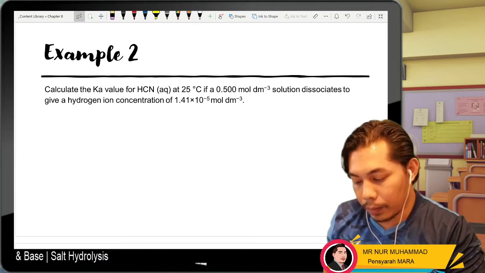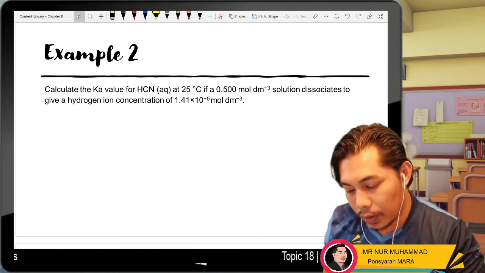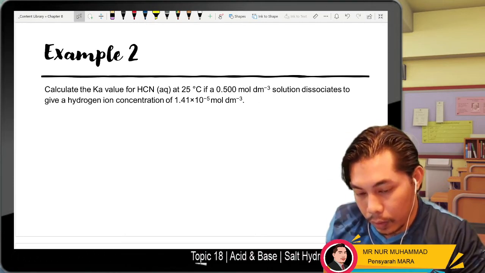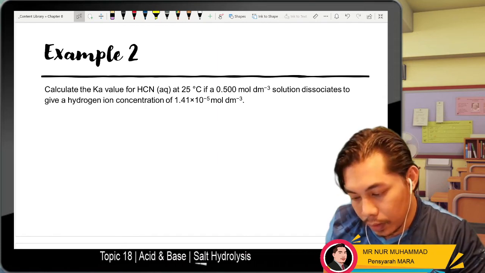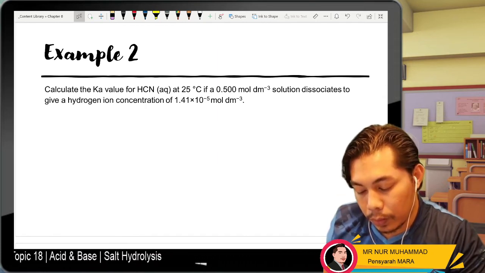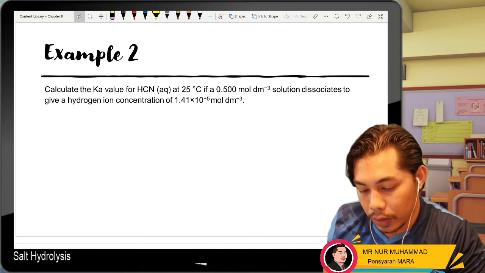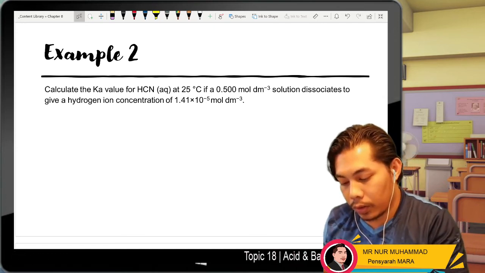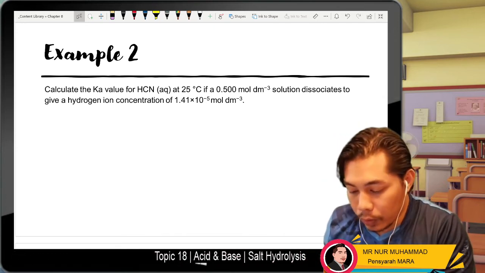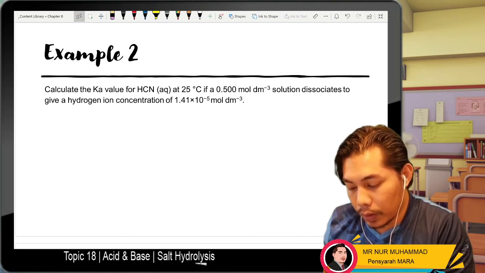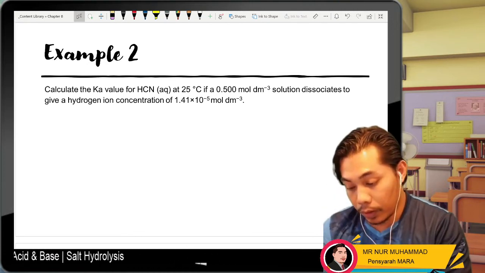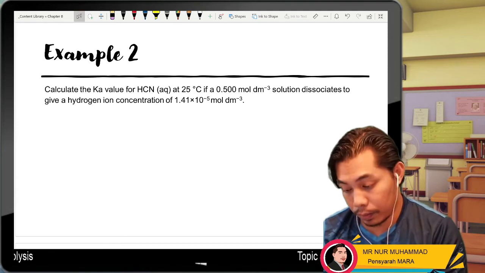Okay, the next example: calculate the Ka value of HCN at 25 degrees Celsius, if a 0.500 mole per decimeter cube solution dissociates to give a hydrogen ion concentration of 1.41 times 10 negative 5 mole per decimeter cube. The same process.